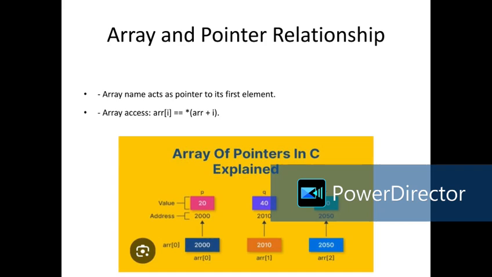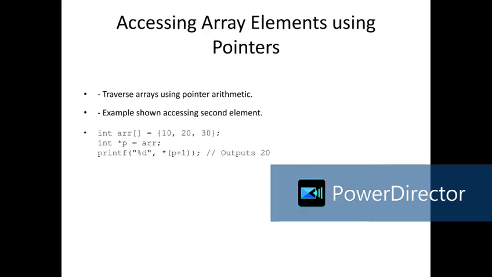You can't treat the array name like a pointer variable; array = array + 1 is illegal. Understanding this relationship is essential for pointer arithmetic, memory manipulation, and writing clean and efficient C code.